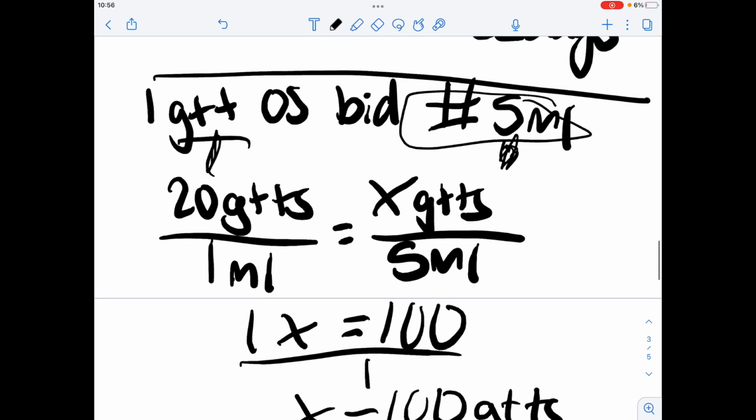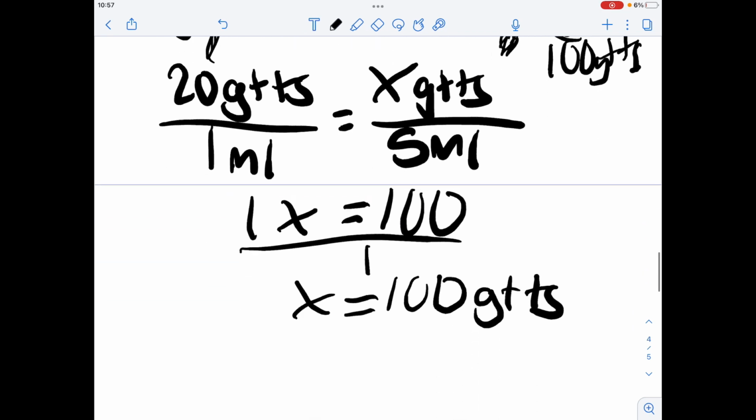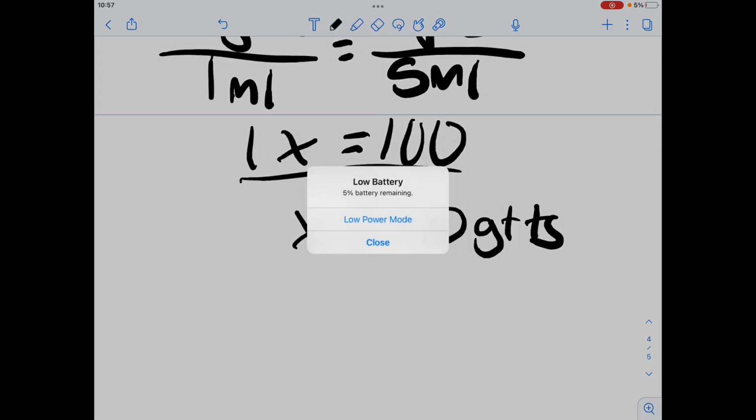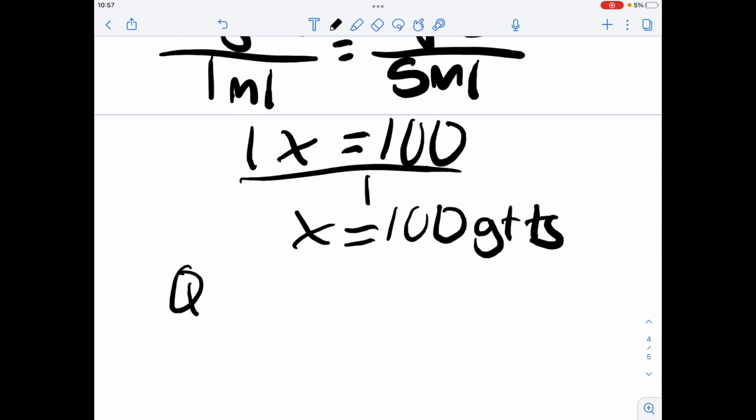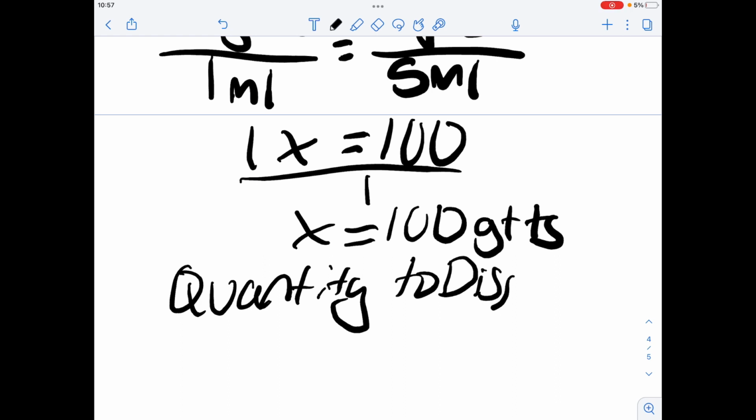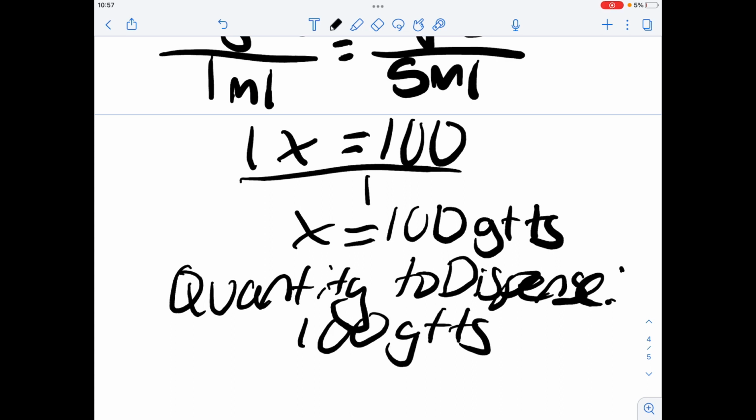Now we can take this and replace it with 100 drops. So our quantity to dispense is 100 GTTS.